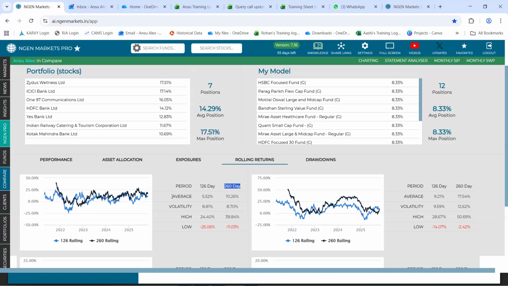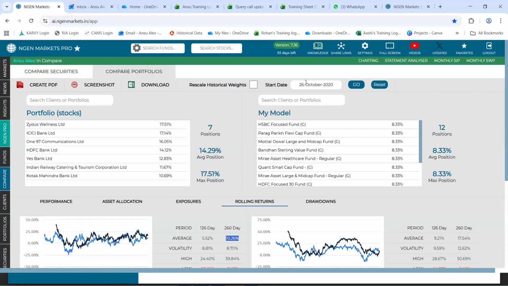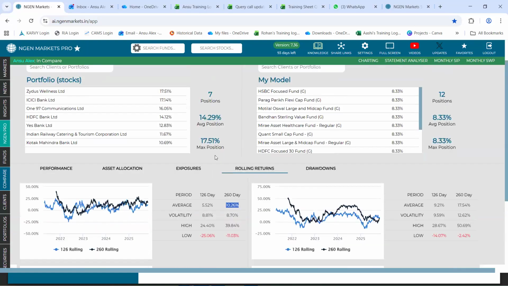Specifically, it says that the average rolling return generated by my stocks portfolio in a 1 year time horizon, from this start date till the end date, is that if you hold on to this stocks portfolio for any 1 year, you could have had an average rolling return of 10.26%.